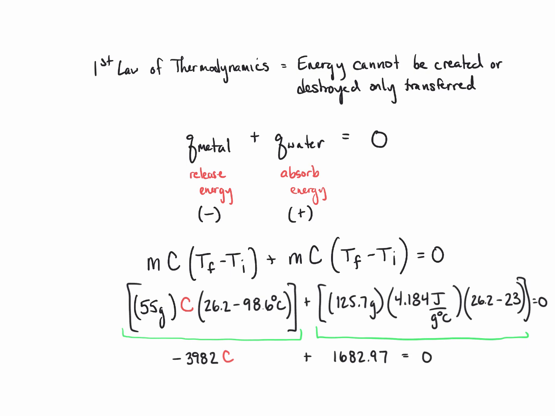So now we're going to move this over, and we have a negative and a negative, which means when we divide, we'll end up having C as a positive. So what we end up getting is C equal to 0.423 joules per gram degree Celsius. And that is our answer.